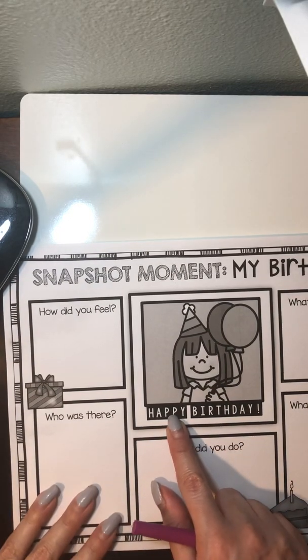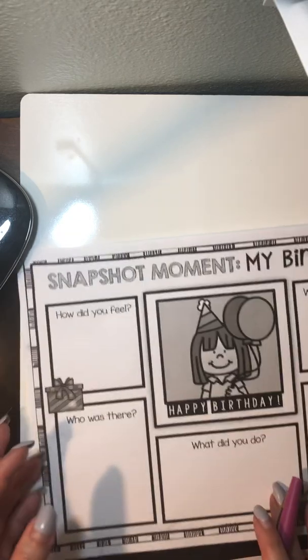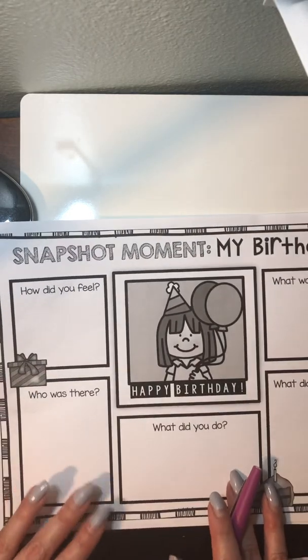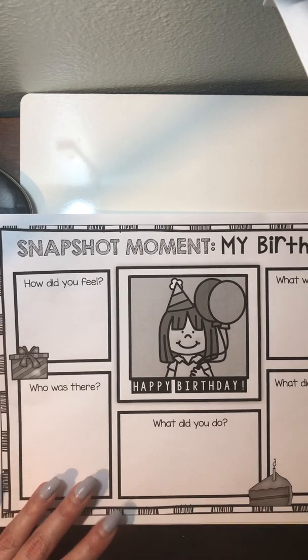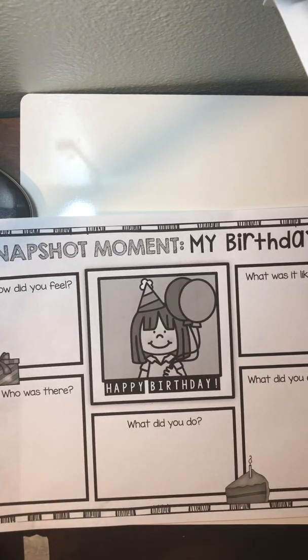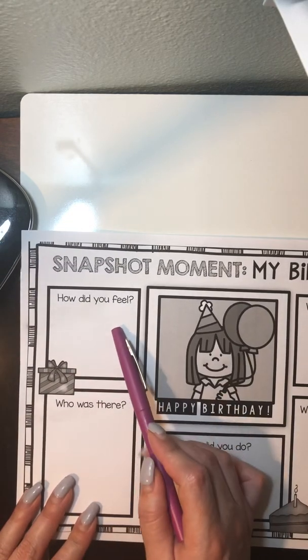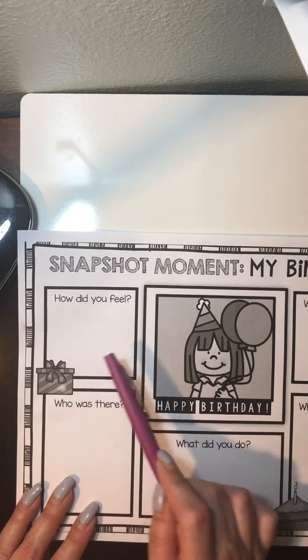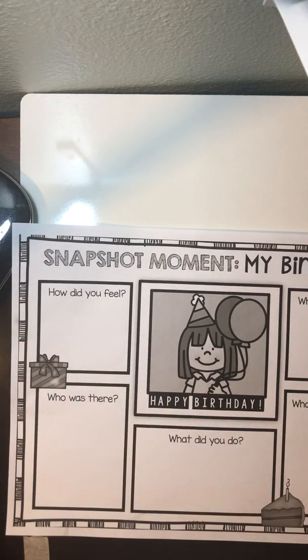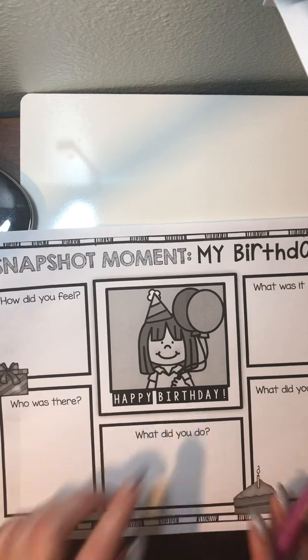So in the middle it says my birthday. And so we're all going to think about a birthday that we've celebrated and what it was like. I'm going to write some things and I want you to copy them down with me, but don't write them so big that you fill up the whole box, because then under mine, you're going to write your own. So, happy birthday.